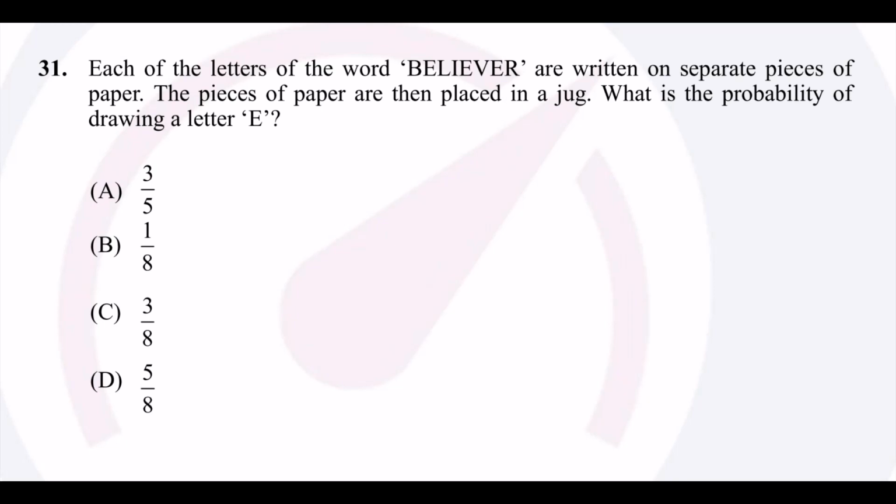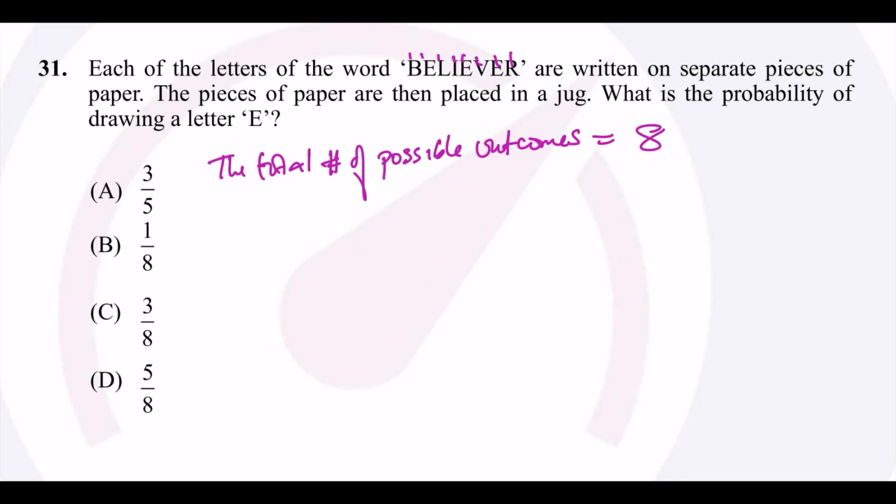What is the total number of possible outcomes? That's going to be the total number of letters. So we have 1 2 3 4 5 6 7 8. So we have 8 letters overall, the total number of possible outcomes.